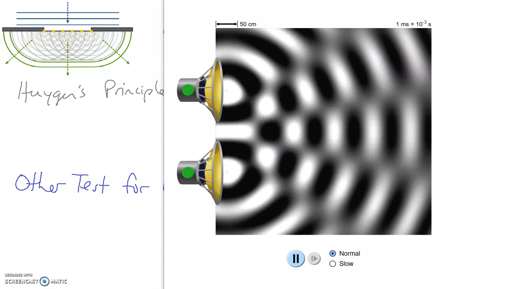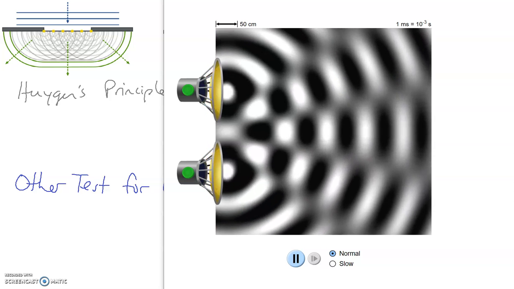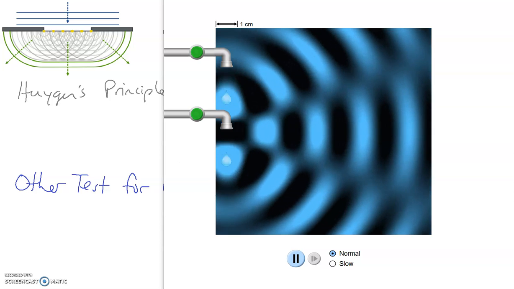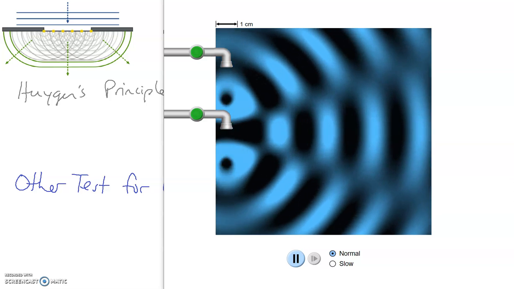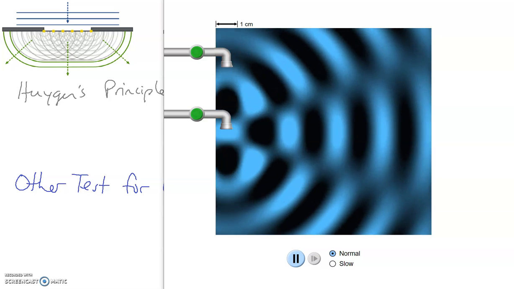sound. People who do things like acoustics in concert halls and home theaters will actually look at this type of information to figure out better speaker placement and stuff like that. So they thought, this works with sound, this works with water, both types of waves. You should be able to do the exact same thing with light. So that was a big question that they had.